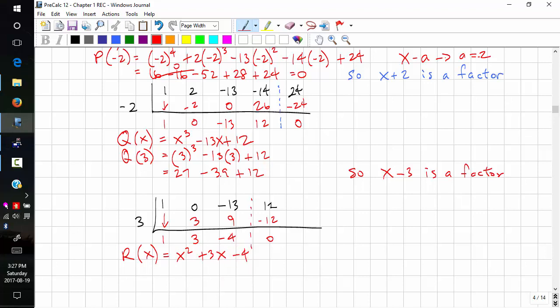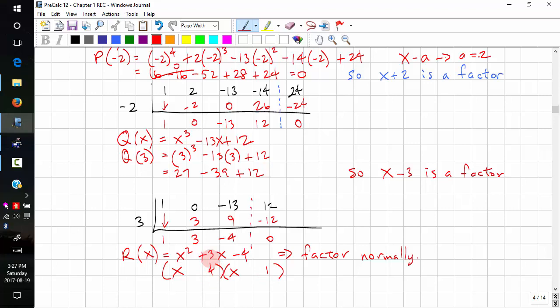And this is a quadratic, so we can factor normally using our quadratic rules. X, X. So one must be positive, one must be negative. It can't be 2. So it must be a 4 and a 1.